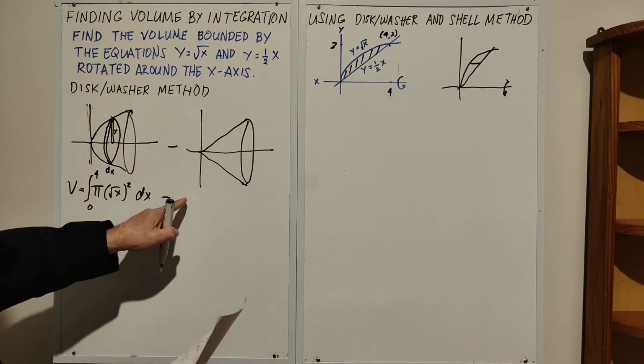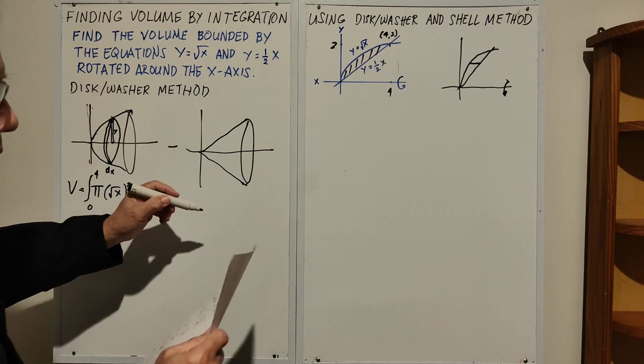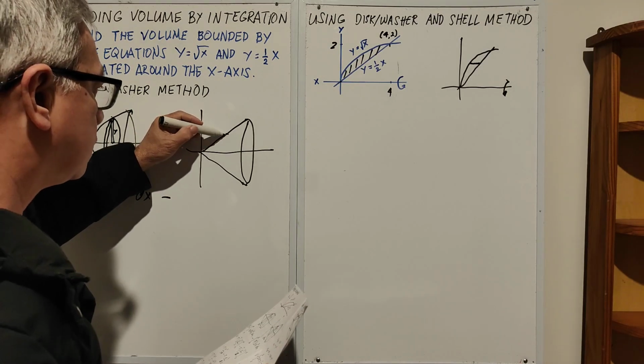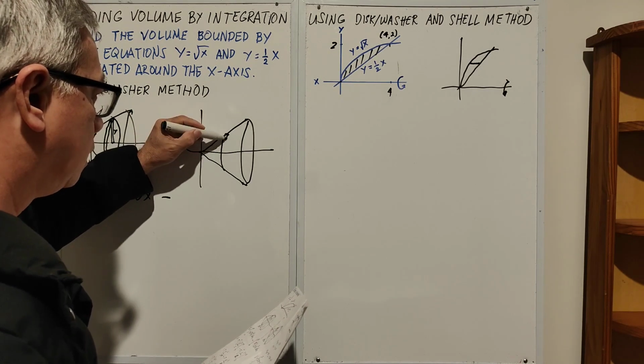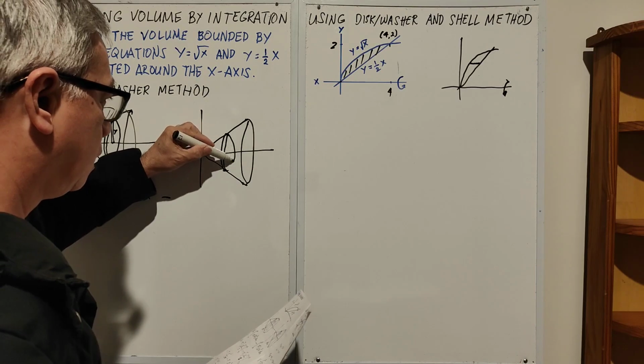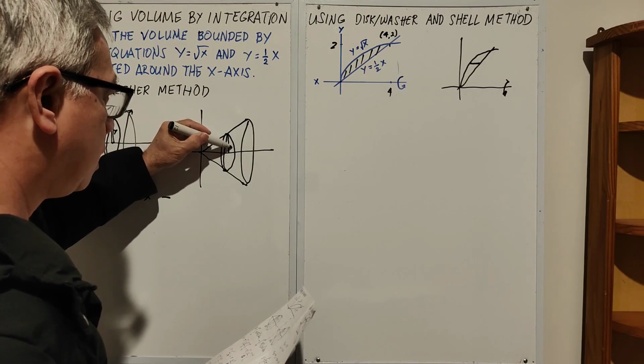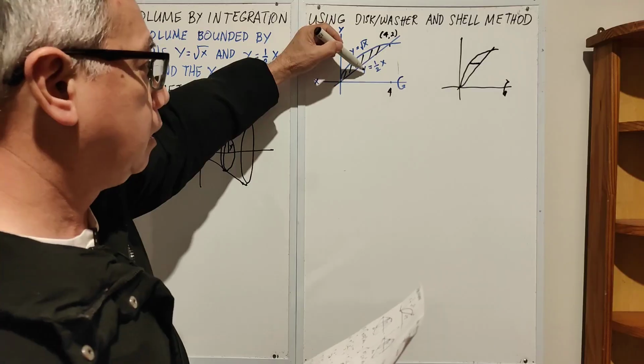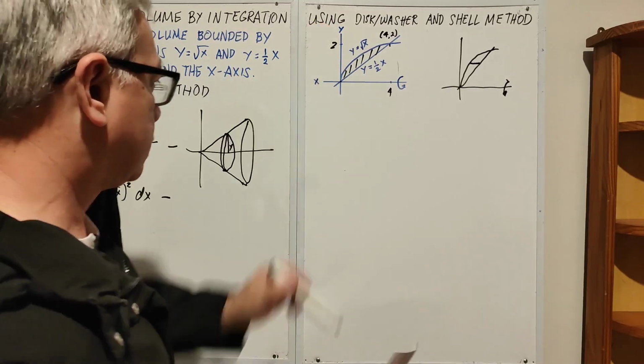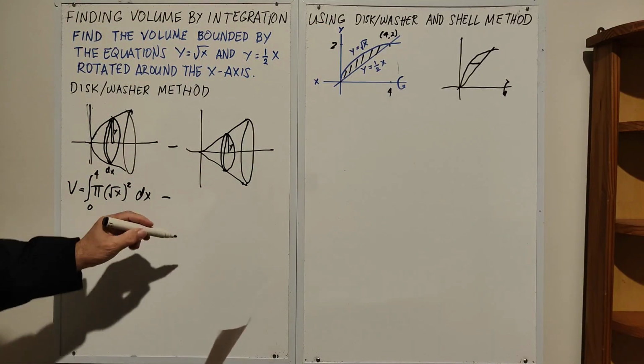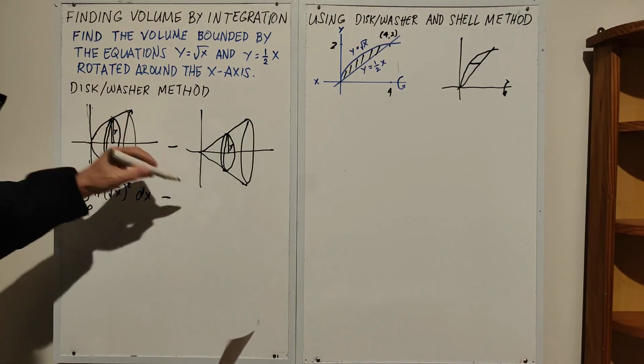So this will have another disc. Again, this is your y, but this time your y is equal to 1/2 x. So the volume of this one is pi r squared.